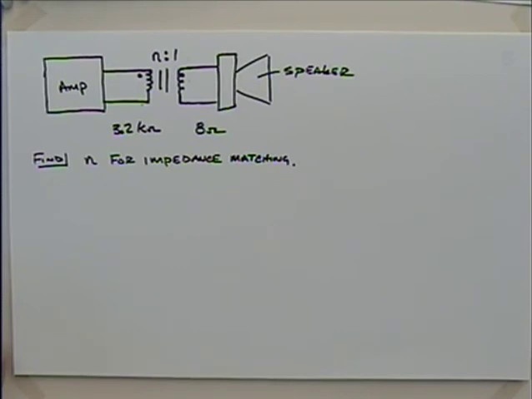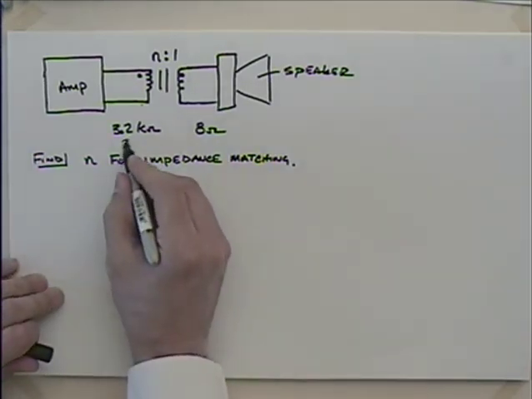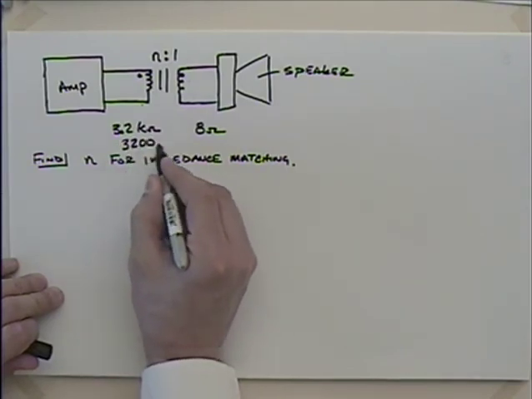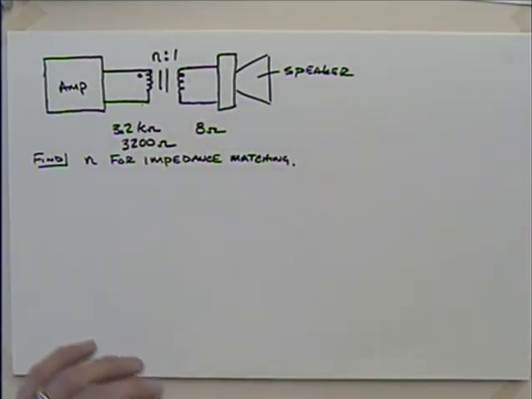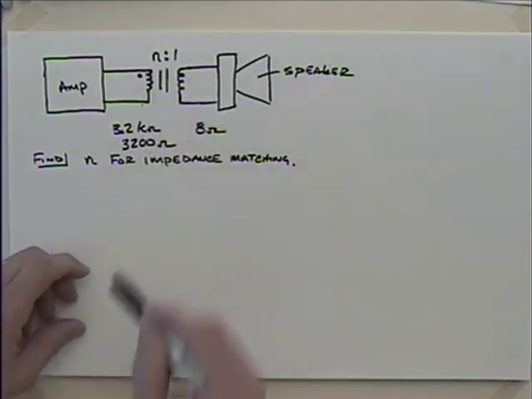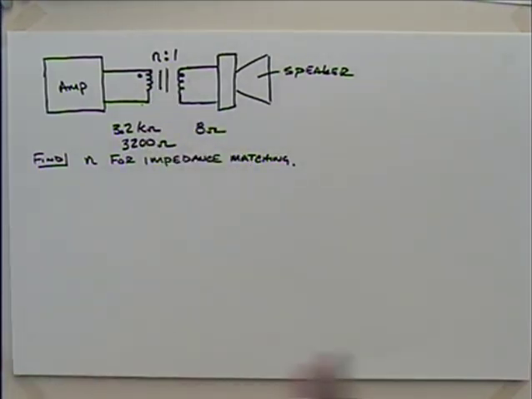So we've got an 8 ohm speaker, and our amplifier says, no, no, no, I want the load to be 3.2 k ohms. So that's k ohms. Let's get that cleared up right now. 3,200 ohms. Okay. So what we want to do is put a transformer in here. If you've seen audio equipment, it's very common to have a transformer there driving the speaker. So we want to figure this out.